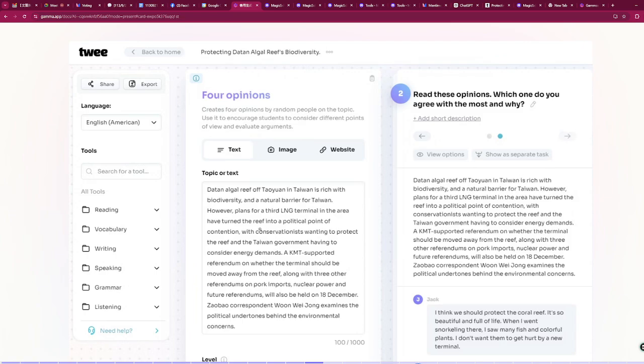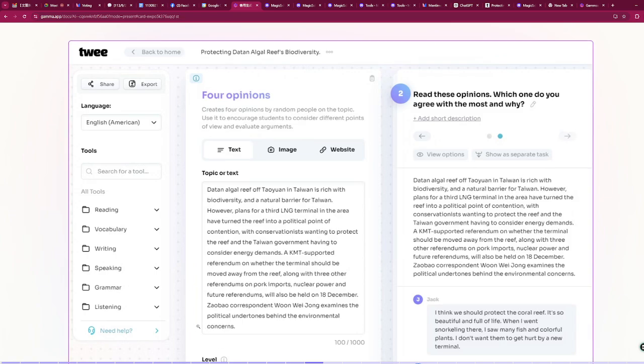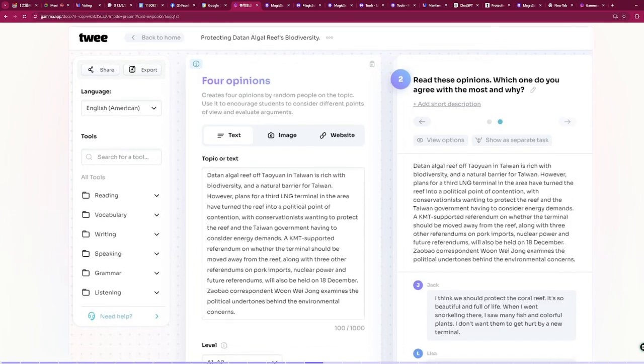Another one that I would like to share with you, aside from MagicSchool.ai, is another platform called Twee. Just this one right here, because the next topic was Datan Reef Biodiversity, and it's on environmental protection. This is the text that I copied off the internet, and it's too complicated for our elementary school students.